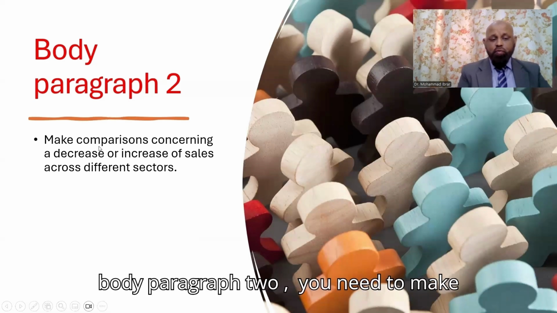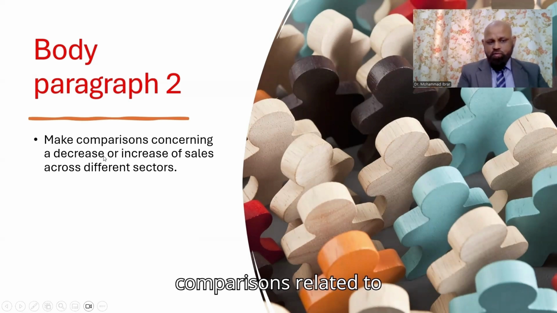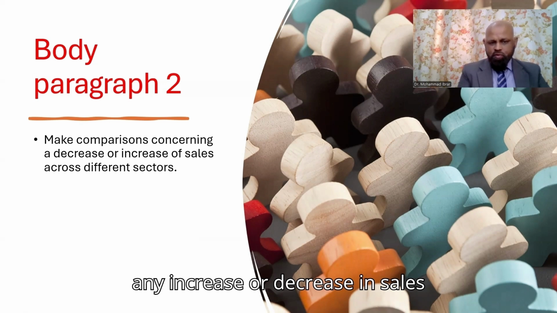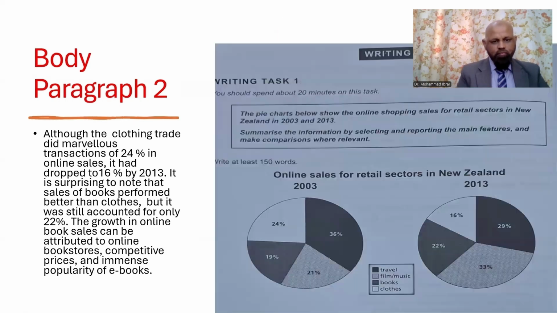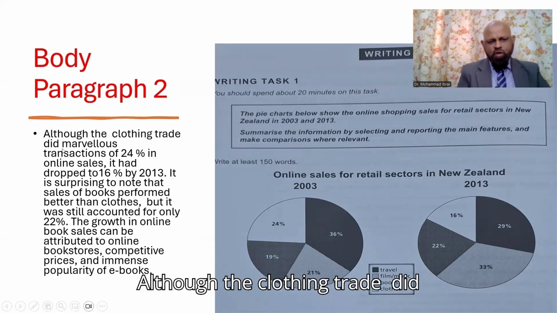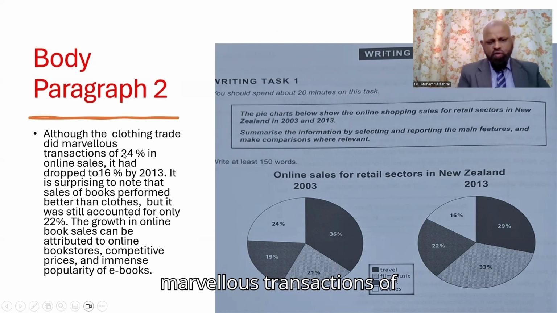In body paragraph 2, you need to make comparisons related to any increase or decrease in sales of different business types. Although the clothing trade did marvelous transactions of 24% in online sales, it had dropped to 16% by 2013.